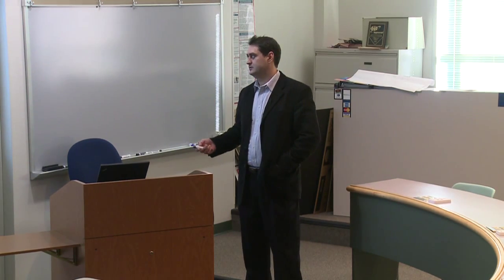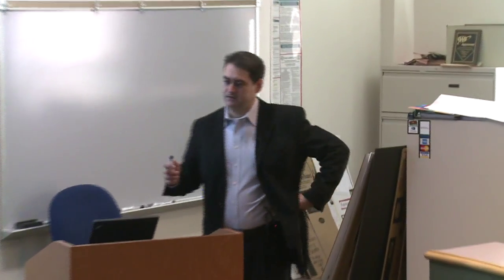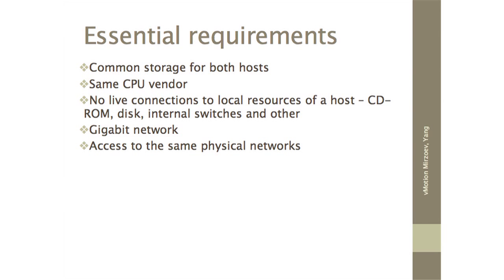That is a very good question because it leads into several other things. If you let me go back here. If you think about this, if you don't have shared storage, vMotion doesn't work. So this is the major limitation. You have to have shared storage.